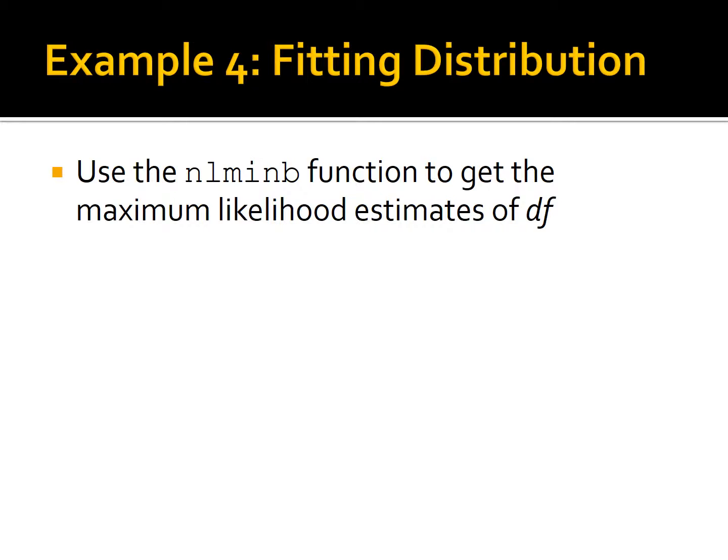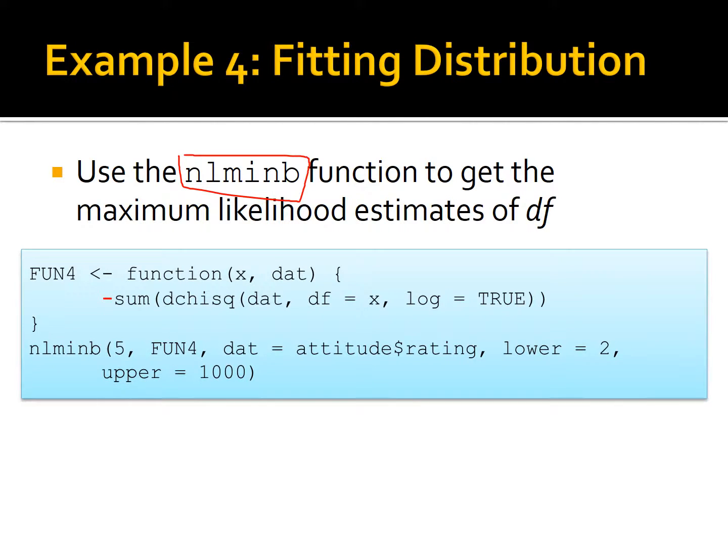To find the degree of freedom that provides the maximum likelihood, we would like to have the maximum likelihood estimate of the degree of freedom. We can use the nlminb function to get it. So I write fun4, which is a function of x, the degree of freedom, and that, a variable that we want to find the distribution underlying it.